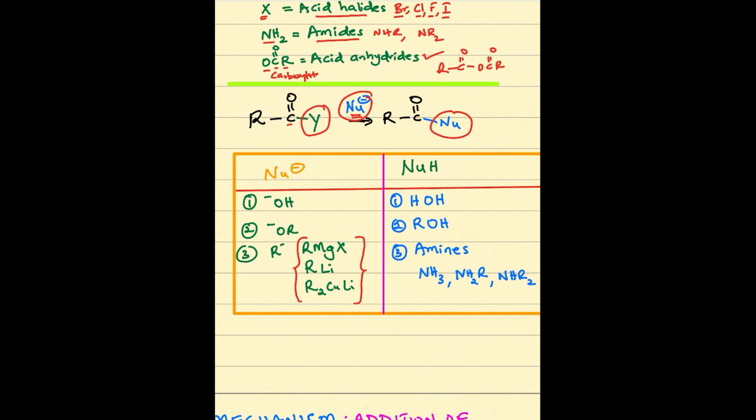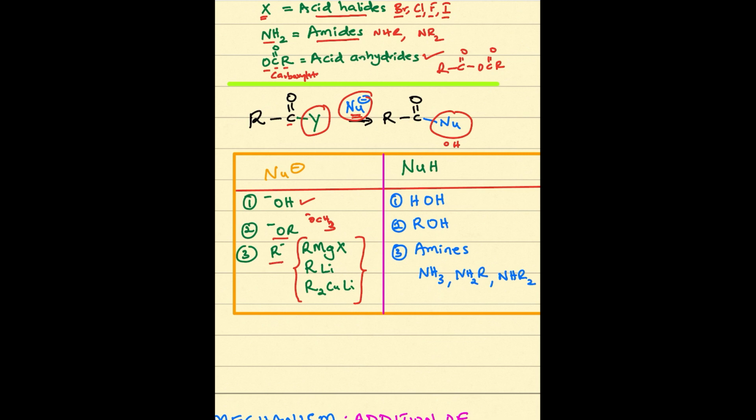There are various types of nucleophiles that can be used for this transformation. So you can use hydroxide ion, OH minus, and therefore you end up with a carboxylic acid, because instead of the nucleophile, you end up with an OH at that position. You can use alkoxide ion, that's O minus R, so something like OCH3 minus, and that will end up giving you an ester.